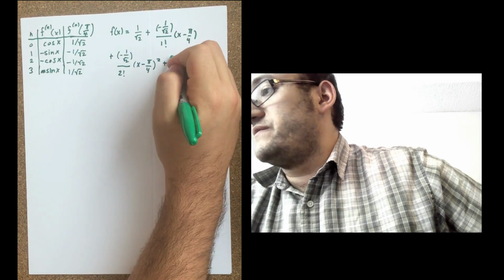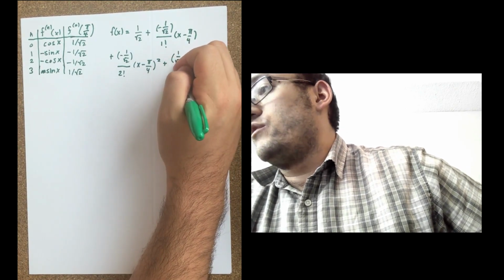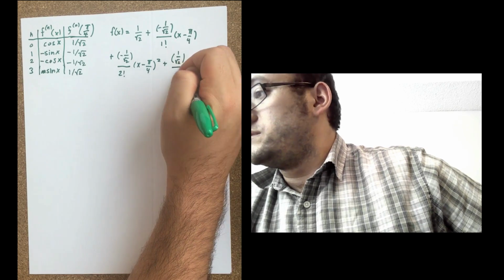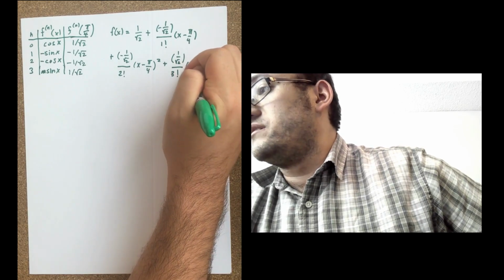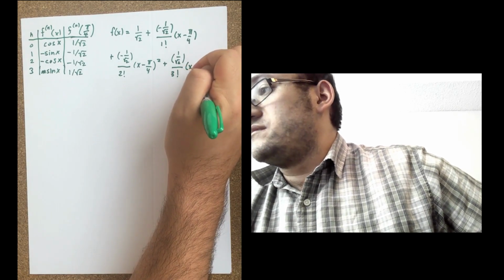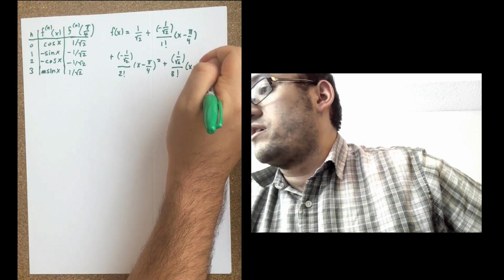Okay, the next value will be 1 over the square root of 2 divided by 3 factorial times x minus pi over 4 cubed.